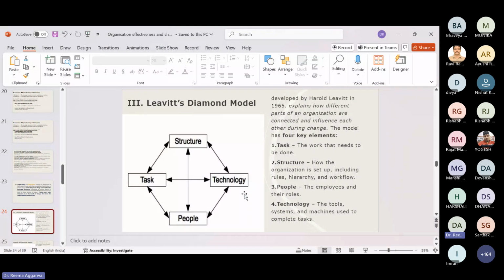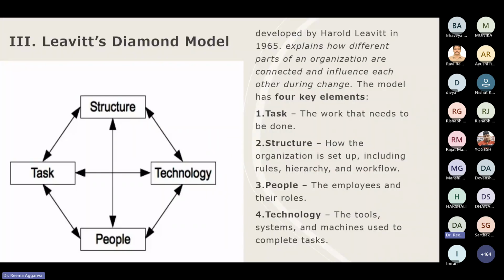Like I explained, every model gives an explanation of how you can bring change in your organization. So every model gives you a different set of explanations. The third model is Leavitt's diamond model. Leavitt's diamond model, from 1965, explains how different parts of organizations are connected together. So if you are going to bring a change, you will see a change in the structure of the organization, task, people, and technology.